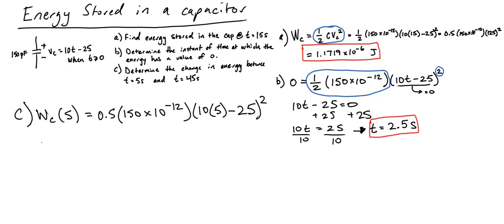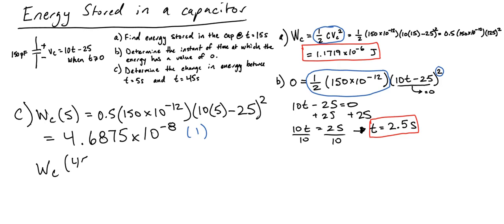And what that's going to give us when we put it in our calculator is going to be 4.6875 times 10 to the negative 8. All right. So that's going to be one of our answers. Well, part of our answer. And then we need when T is equal to 45. So we want to find the energy when T equals 45.